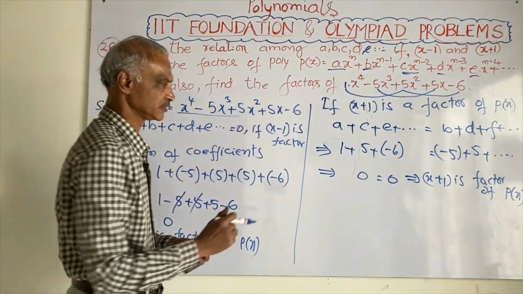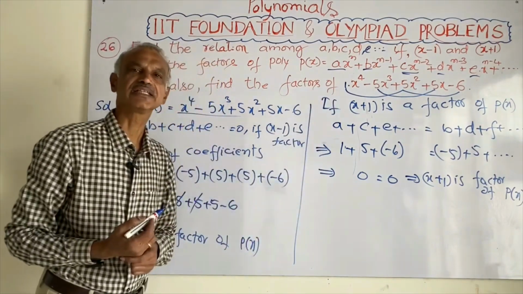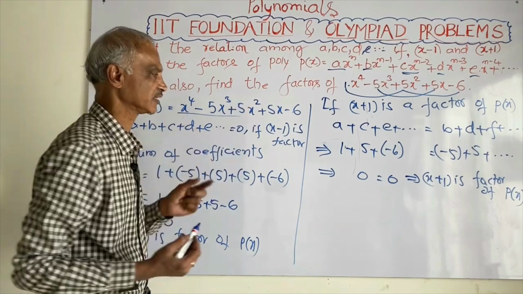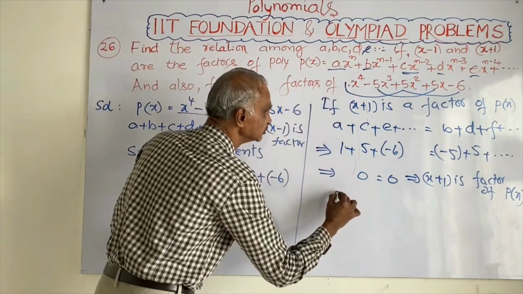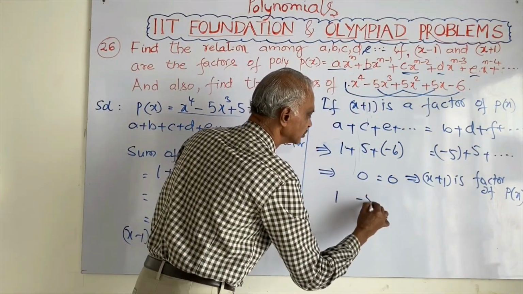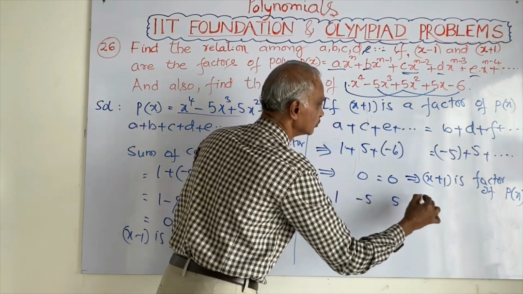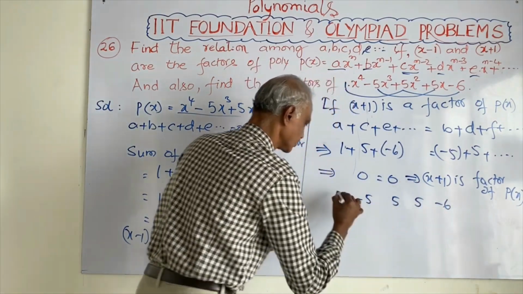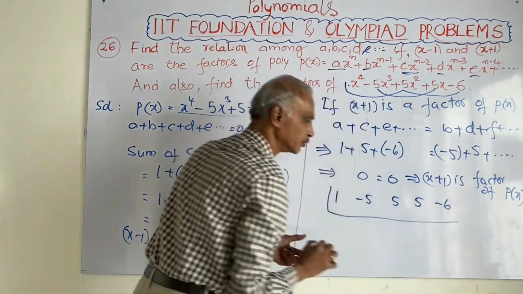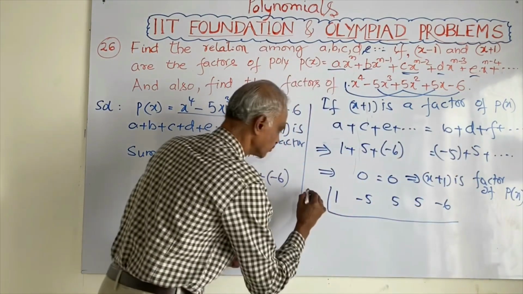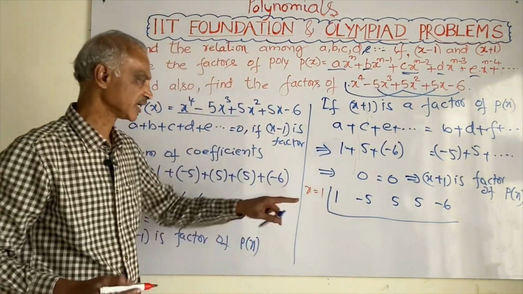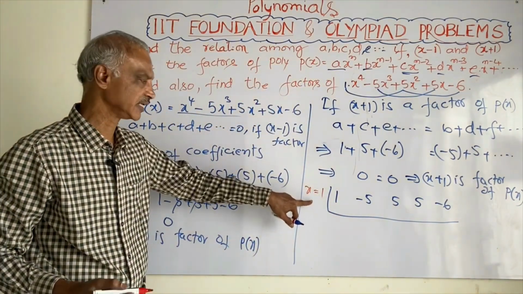Now we will do synthetic division to find the other factors. You see, 1, minus 5, 5, 5, minus 6. Already we know x minus 1 is a factor, so substitute x equal to 1.